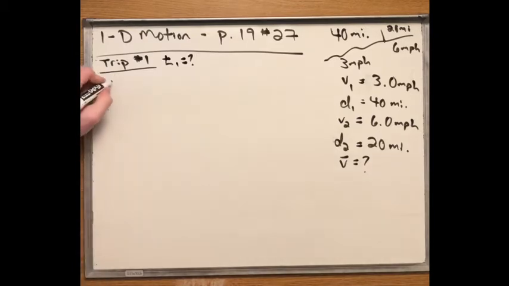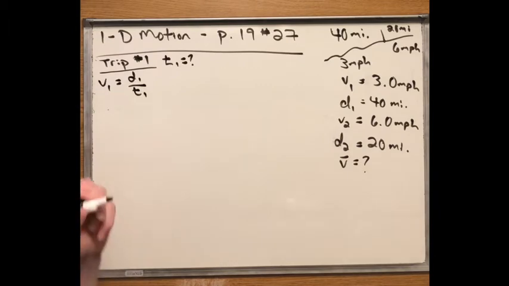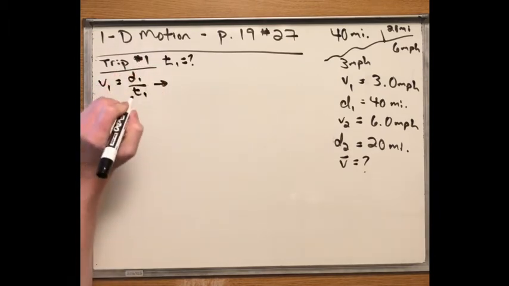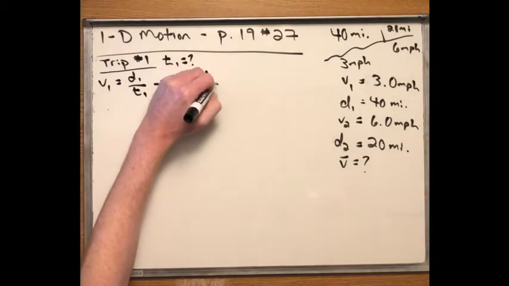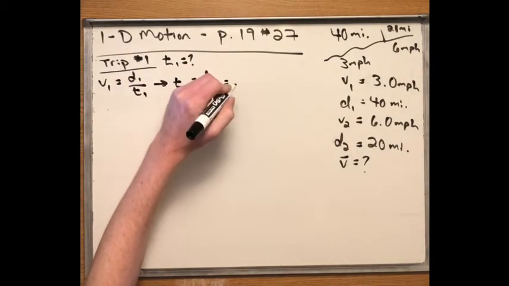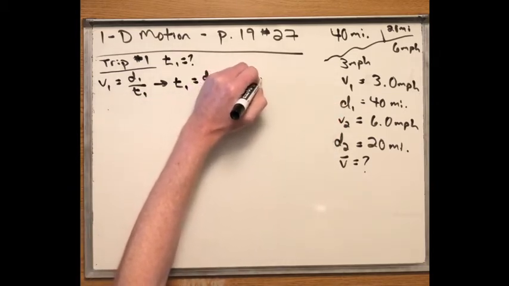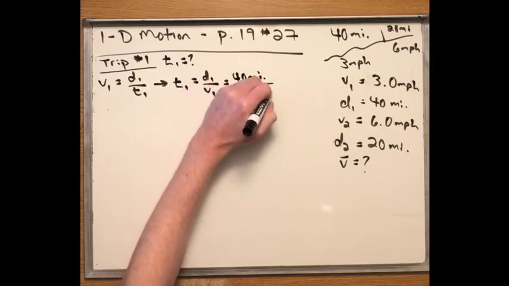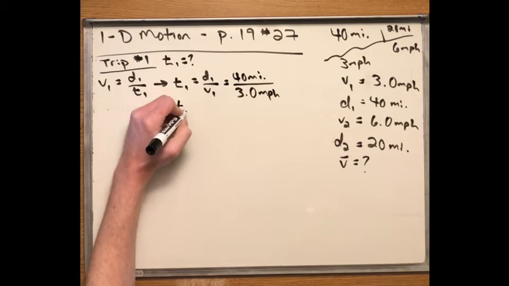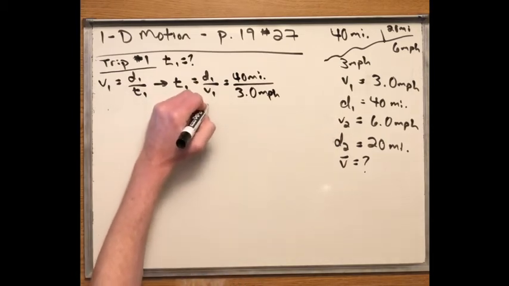And so I'm going to say that V1 is equal to D1 over T1. So that means T1 is going to be D1 over V1. And when I do that, I take my 40 miles divided by my 3 miles an hour, and 40 over 3 is 13 1/3.